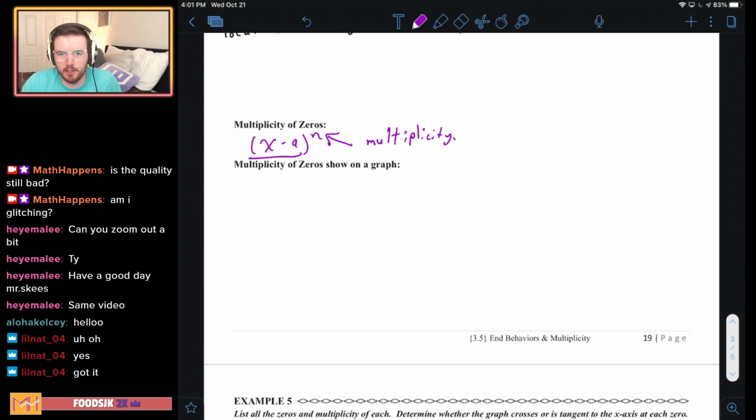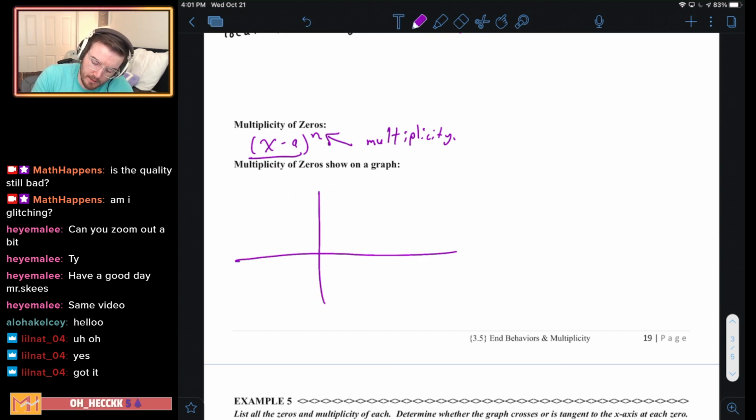So don't stress about that fancy word. But you're going to see stuff written down like that. And when you see stuff written down like that, if n is odd, okay, so you might see graphs that look like this. You might see graphs that look like this.